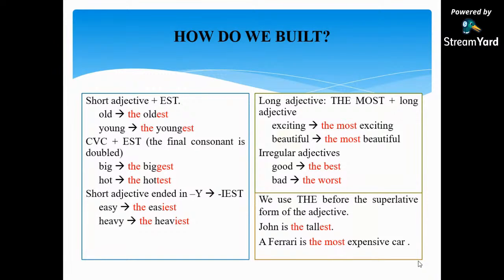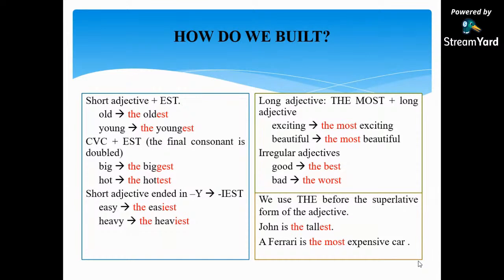With the long adjectives, we're going to add the words the most, and then we're going to have the long adjective. For example, exciting will be the most exciting, beautiful will be the most beautiful, and here again we have some irregular adjectives. Those are going to be the same examples that we used for the comparative forms. For example, good will be the best, and bad will be the worst.